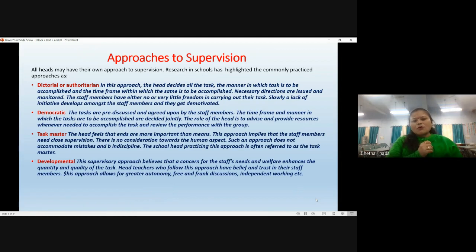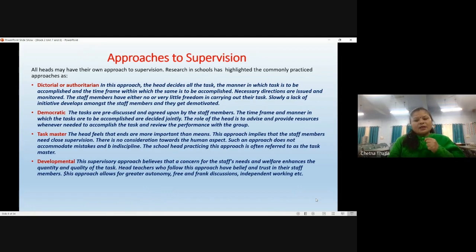The goals of the institution and the goals of the staff are taken into consideration together.